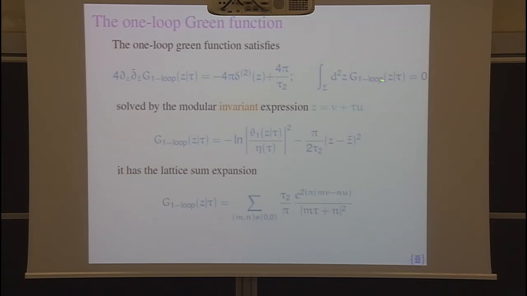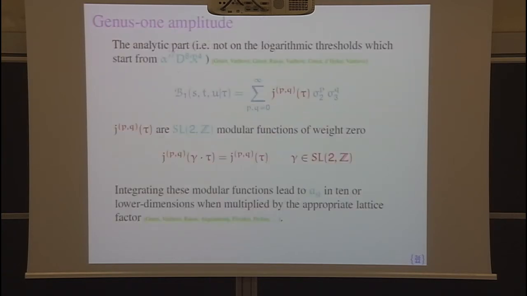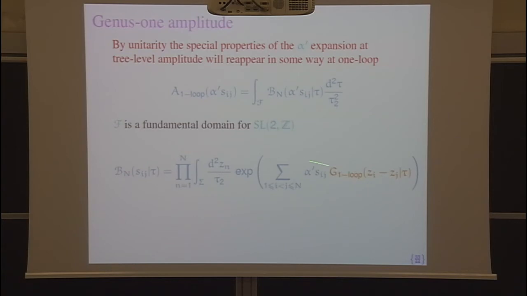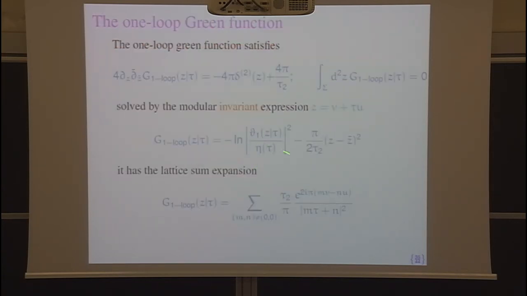You make sure that you choose it to integrate to 0 on the torus. And here you choose this one where there is no eta cube, just 1. Of course, using theta 1 over theta 1 prime, because the denominator doesn't depend on z, choosing that one doesn't affect the amplitude, because by momentum conservation this is totally innocent. But this one turns out to have a better property because it's modular invariant by itself. The one with the eta cube, which comes from theta 1 prime at 0, is not.